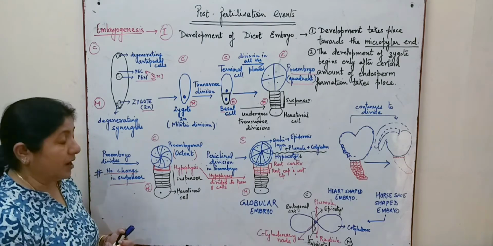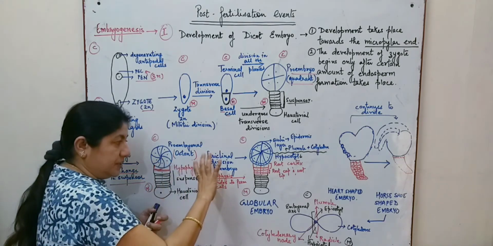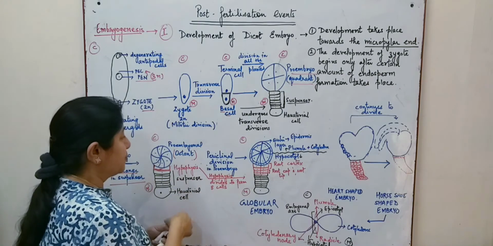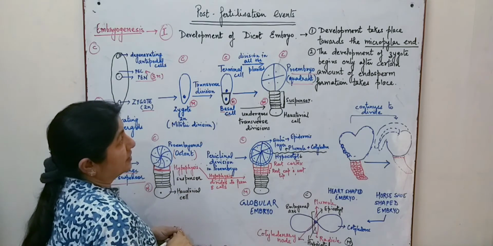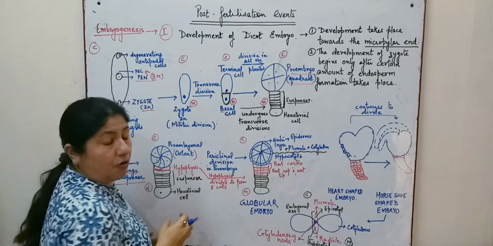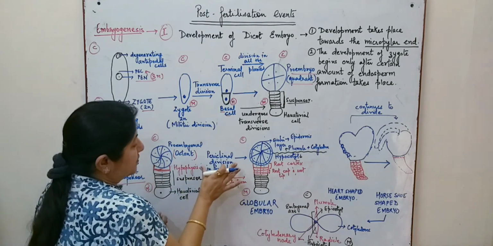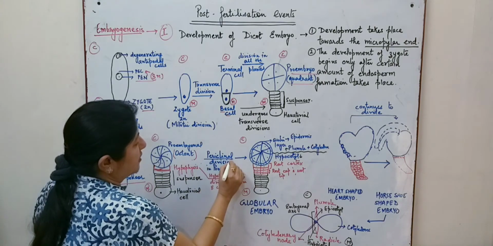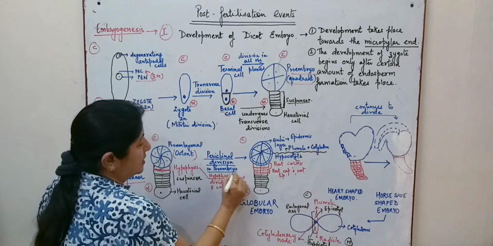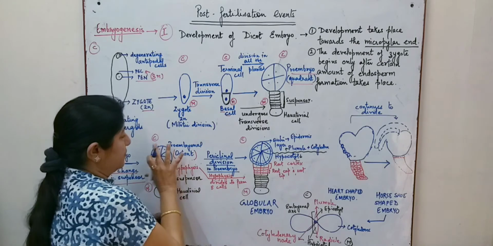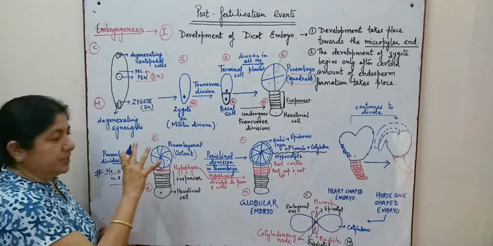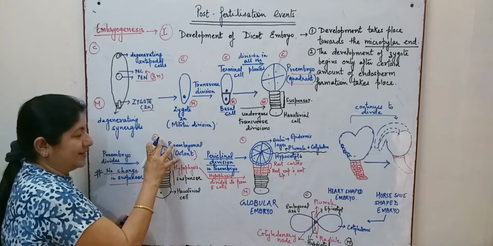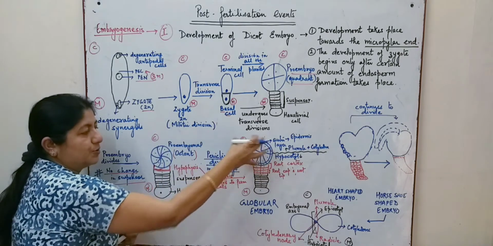Coming to the next part, when we study the division in the proembryo, till here the divisions are taking place in all the planes. Now the divisions in the proembryo will be periclinal divisions. We are focusing on the development, how the proembryo will divide.